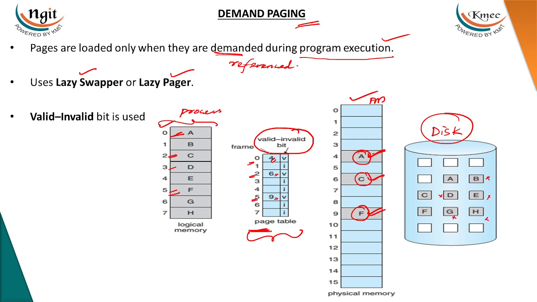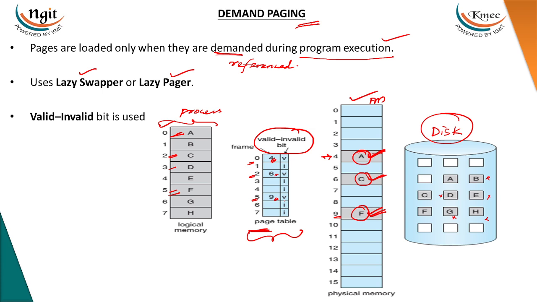Where are they actually loaded? On frame numbers 4, 6, 9. Frame number 4 is where page 0, that is A, is loaded, page C is loaded into frame number 6, and F is loaded into frame number 9.